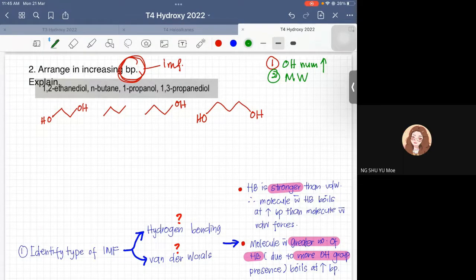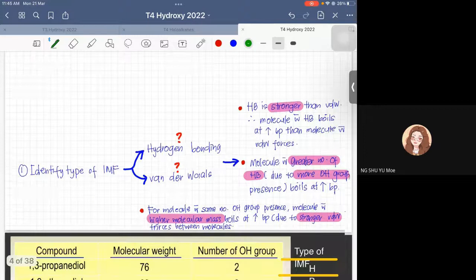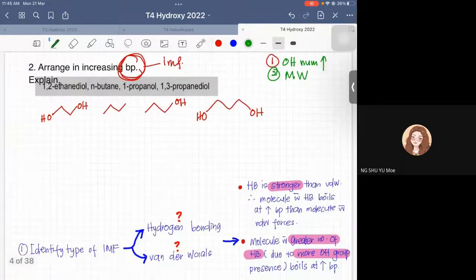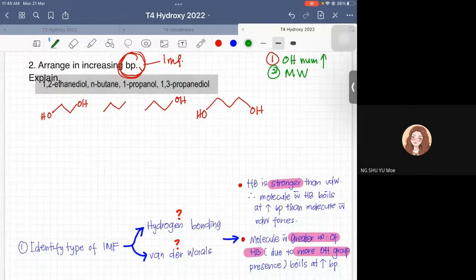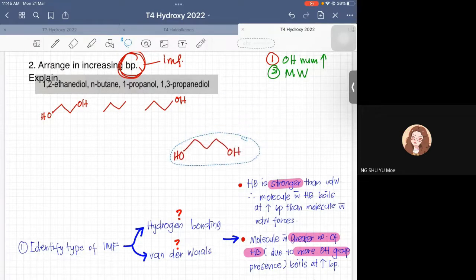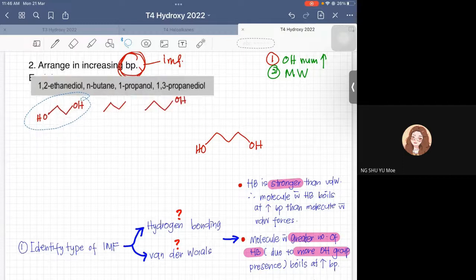Okay. So sekarang kita tengok paling banyak faktor dia. Macam ni lah. Faktor pertama, bilangan hydroxyl group. Yang mempunyai 2 hydroxyl group paling tinggi boiling point. So dia kata increasing boiling point kan. Paling tinggi boiling point dia adalah this one. Letak kat sini. Second, ni pun ada 2 hydroxyl group.